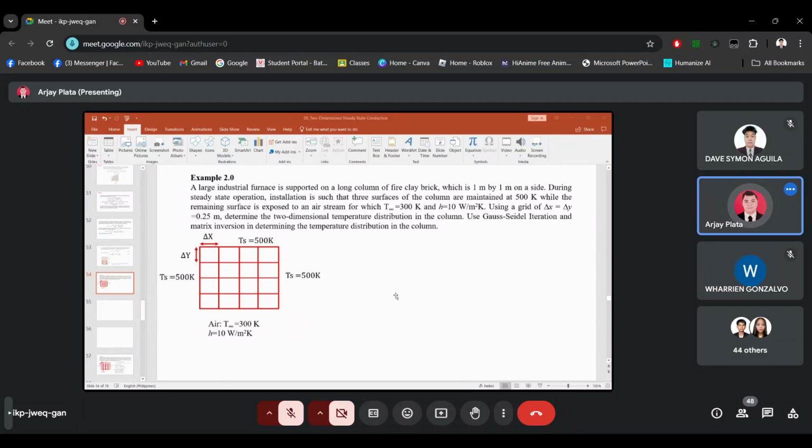Now we will put the nodes. We will number each node.